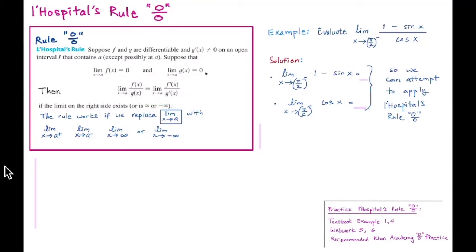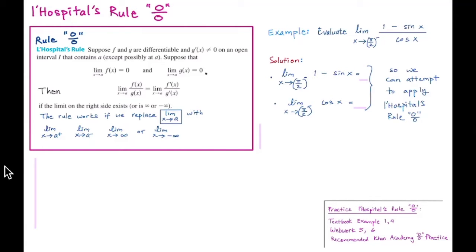We can also replace the symbol with the limit as x approaches a from the right, or the limit as x approaches a from the left. You can also replace a with the infinity symbol or the negative infinity symbol.